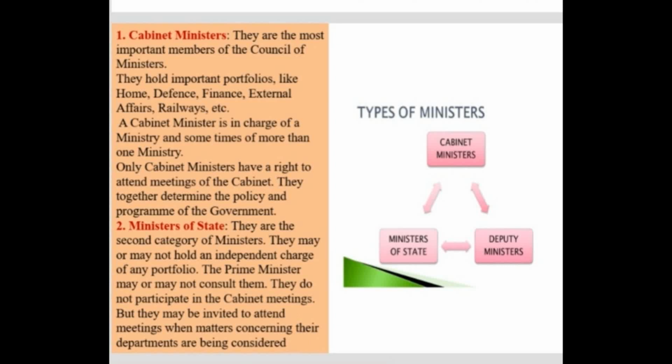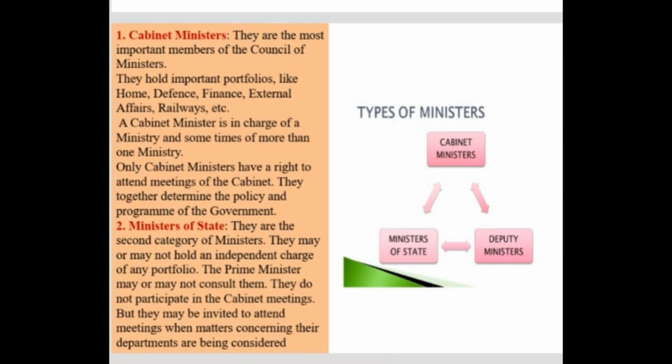What are cabinet ministers? They are the most important ministers or members of the Council of Ministers. Among the Council of Ministers, there are different categories. One is cabinet, one is minister of state, and one is deputy minister. And the cabinet ministers are very important ministers among the Council of Ministers, and they hold important portfolios.